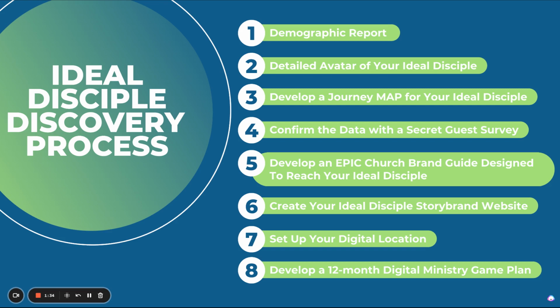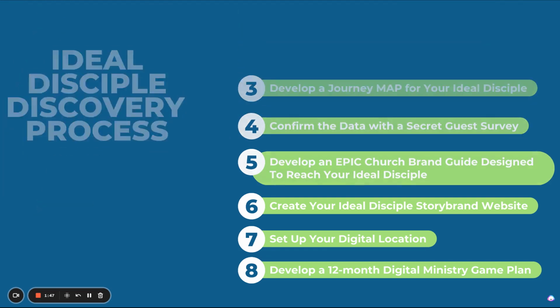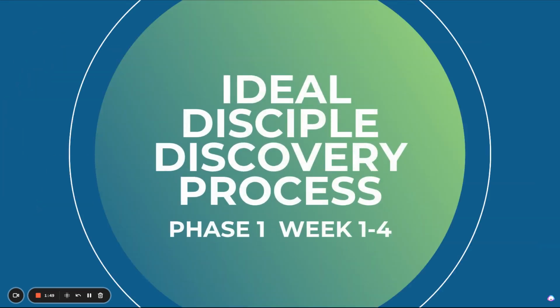The second phase is to develop an epic church brand designed to reach your ideal disciple, create your ideal disciple story brand website, set up your digital location, and develop a 12-month digital ministry game plan. So this is a total of a 60-day program, and phase one will be week 1 through 4.